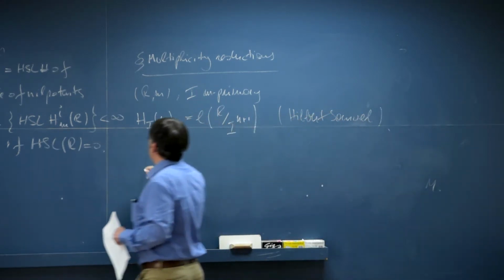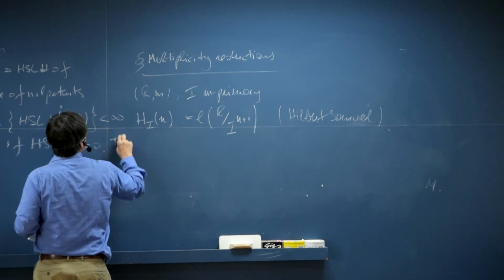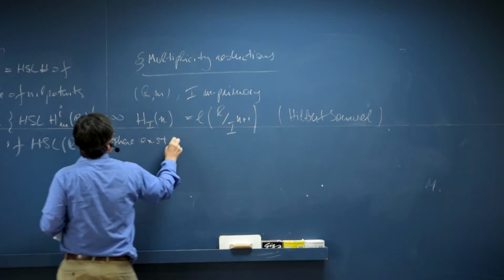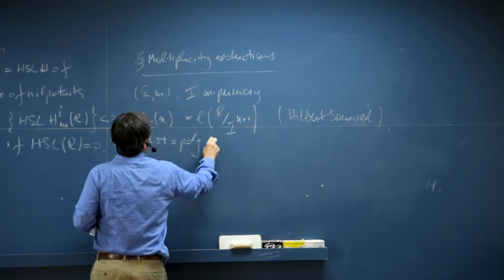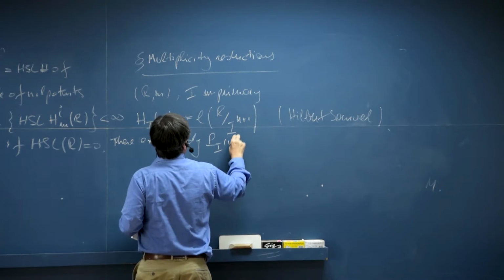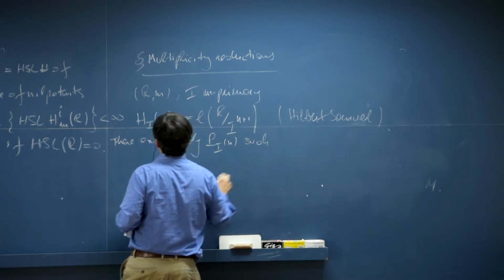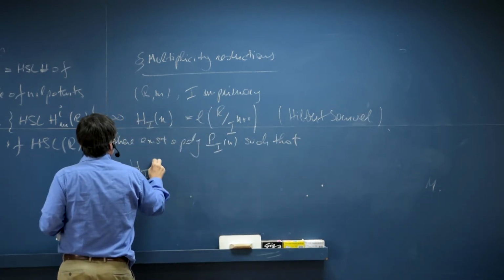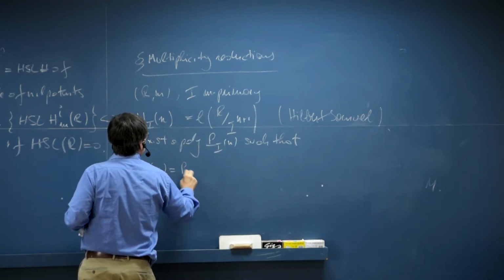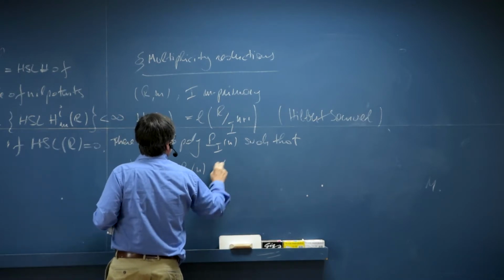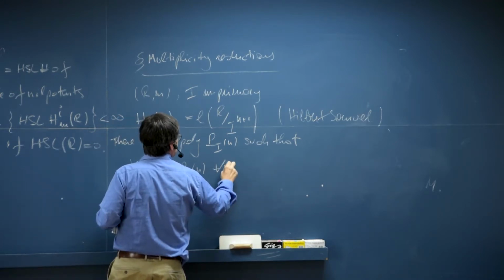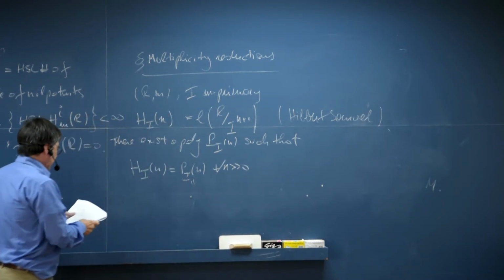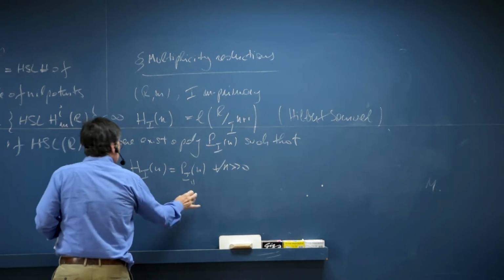And now for large n's, there exists a polynomial, which I'm going to write as pi of n, such that H_I of n is pi of n for all large n's. And I can look at this polynomial and write down the various coefficients specifically.